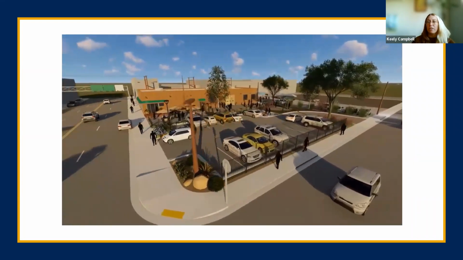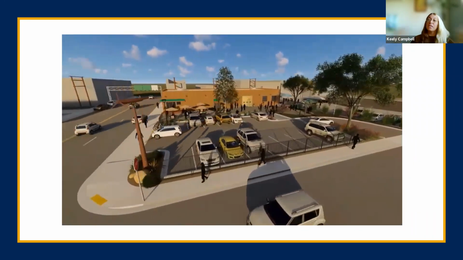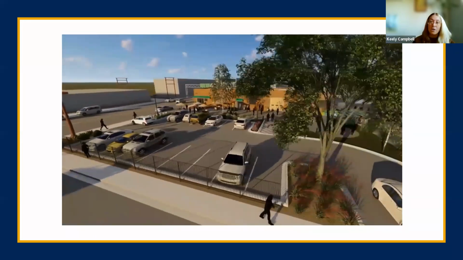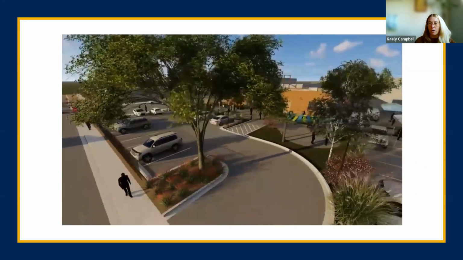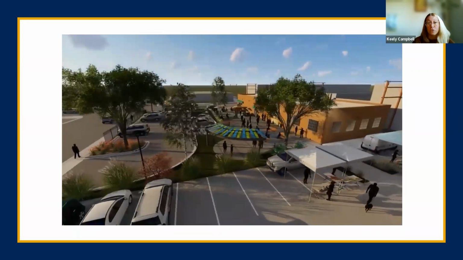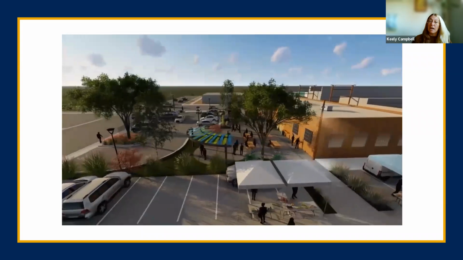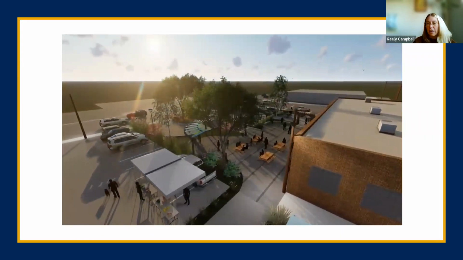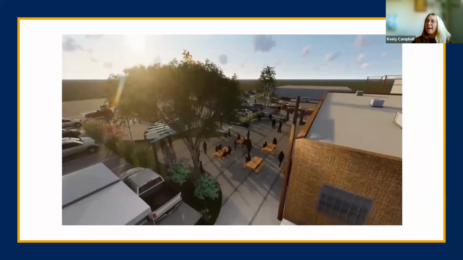So that could be for things like facade improvements, or parking lot improvements, a number of things that you can receive funding for either through grants, private investments, or other financial opportunities. Lamar was actually awarded a second EPA assessment grant this last cycle, and they are just starting to implement that.